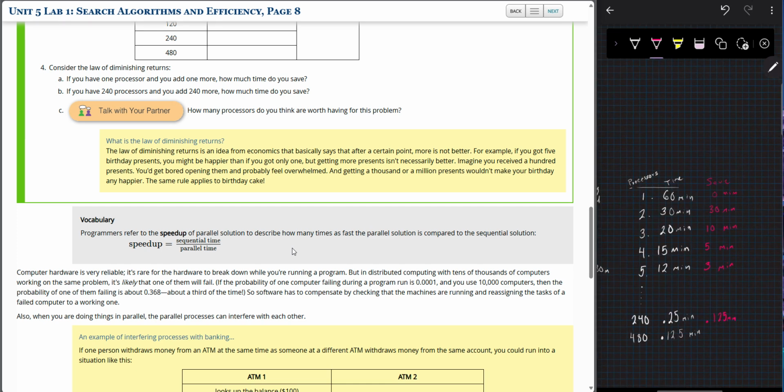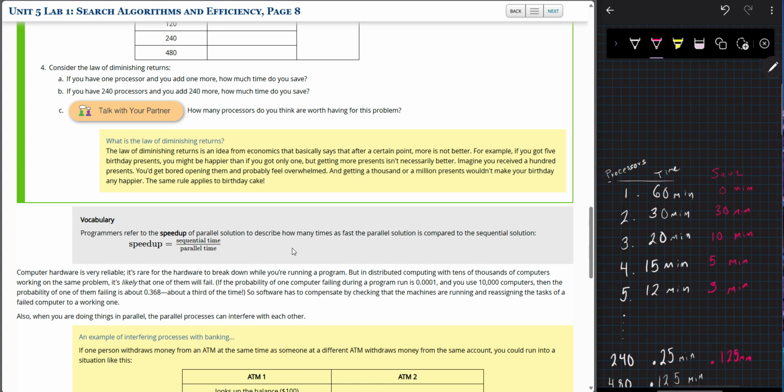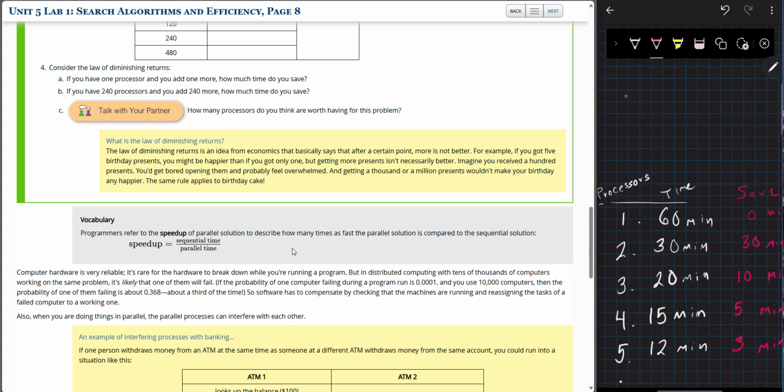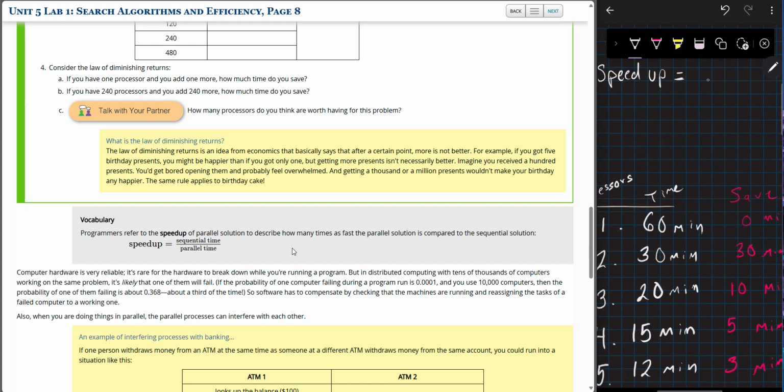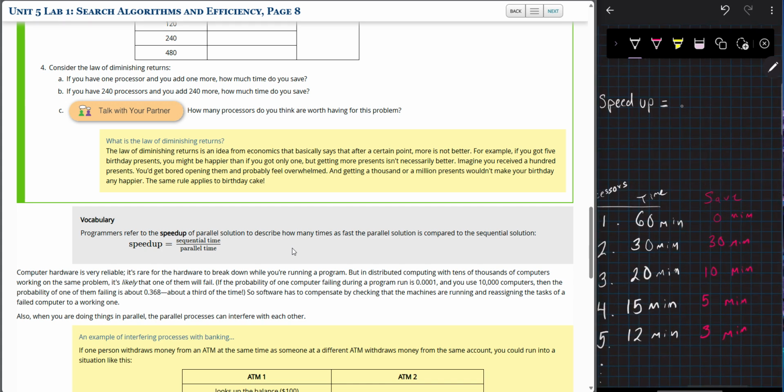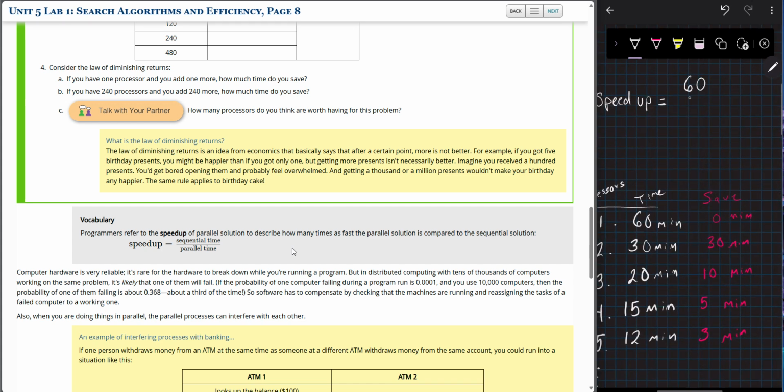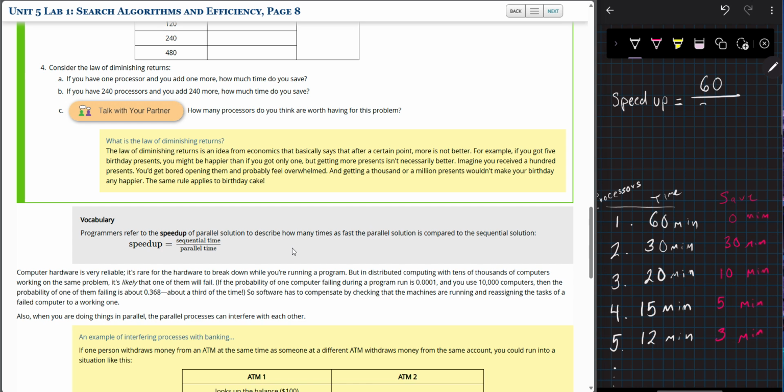So we would have the speed up for two processors. In sequential it takes us 60, divided by whatever it takes us in parallel, which for a parallel of two processors it takes 30.